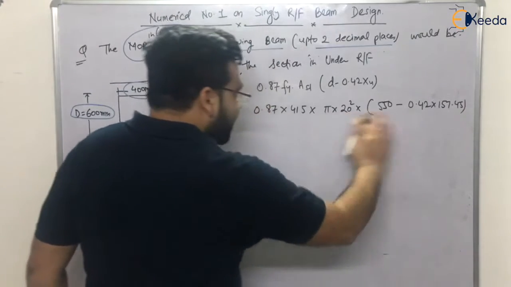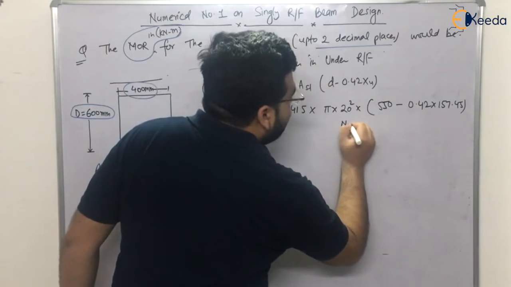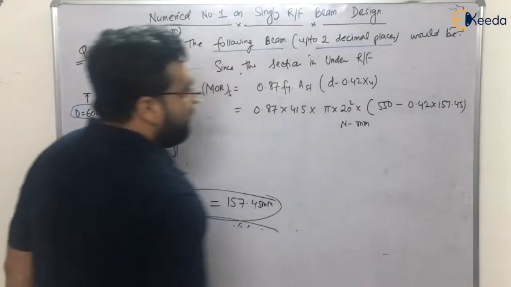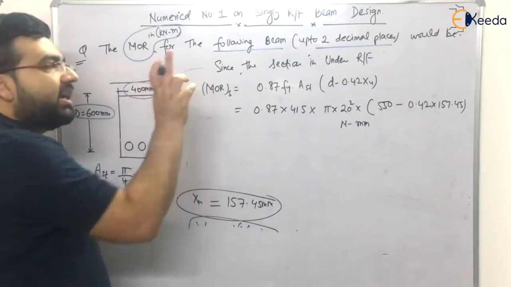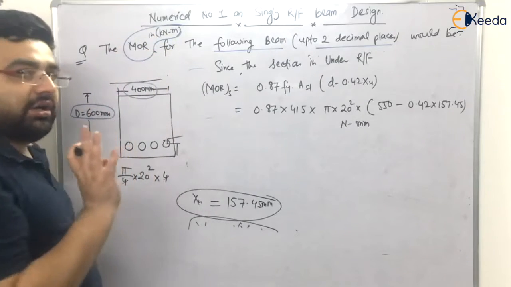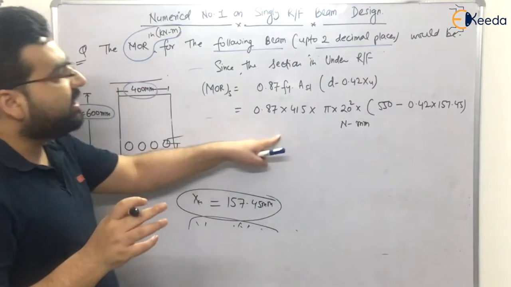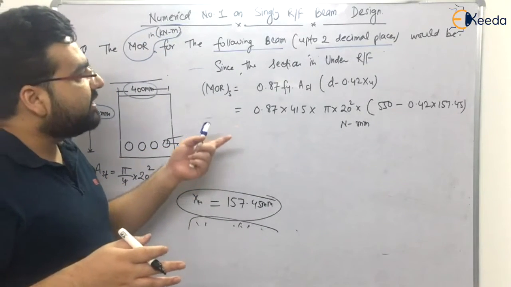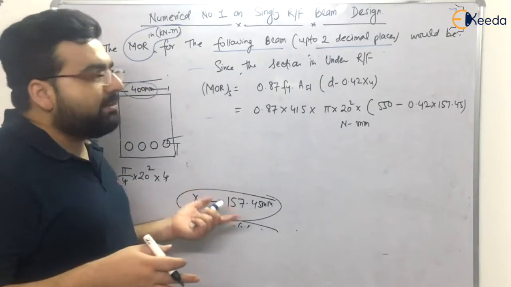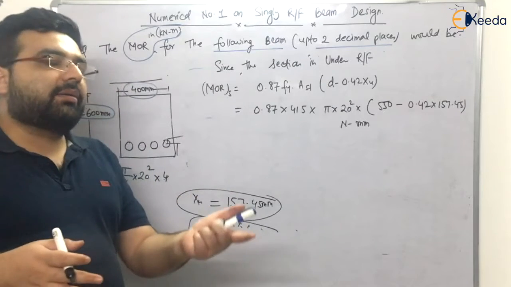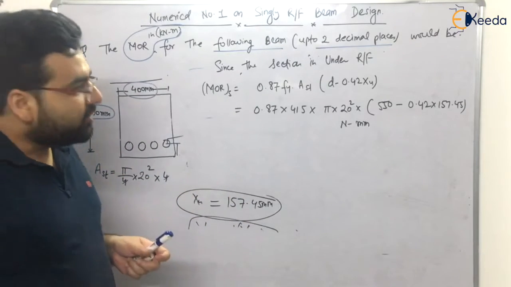This expression will come in Newton mm, and we have to get it in kilonewton meter. In the numerator it was given kilonewton meter. What we have to do? Divide it by 10 raised to power 6, because 1000 Newton is 1 kilonewton and 1000 mm is 1 meter. Right?